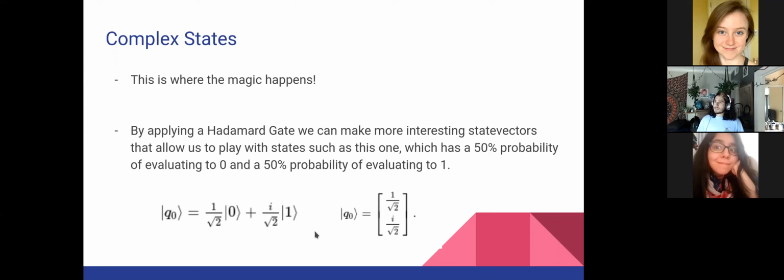But what happens when we say applying a Hadamard gate isn't necessarily super clear, and I want to dwell on that a little. What that is, is simply applying a unitary matrix, or taking the inner product of a unitary matrix and the states in order to create this new state vector, right?